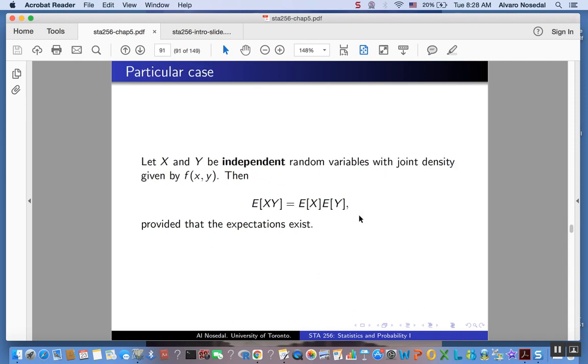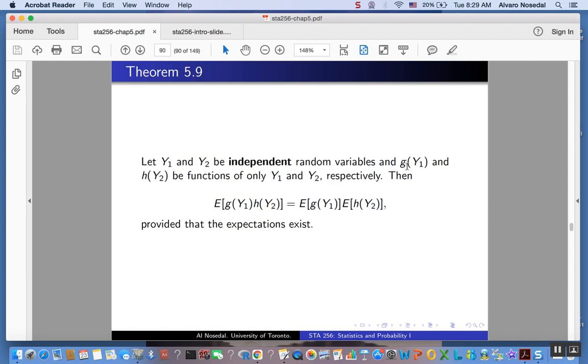A particular case that is going to be important for us in the future when we talk about covariances is this. If h and g happen to be just functions of random variables, so g of y1 is just y1, and h of y2 is just y2, it's a particular case, right?